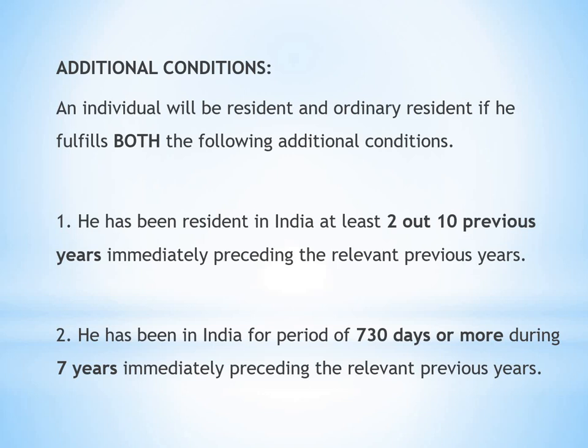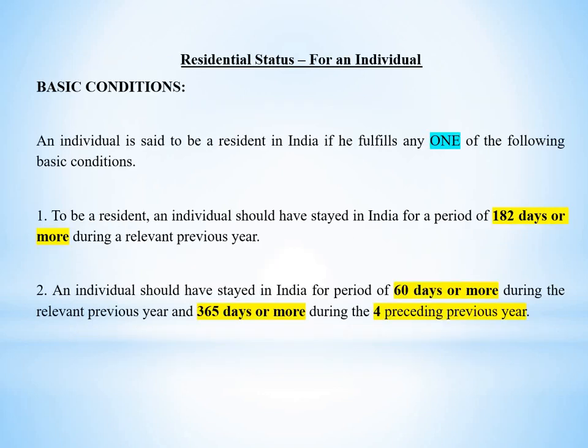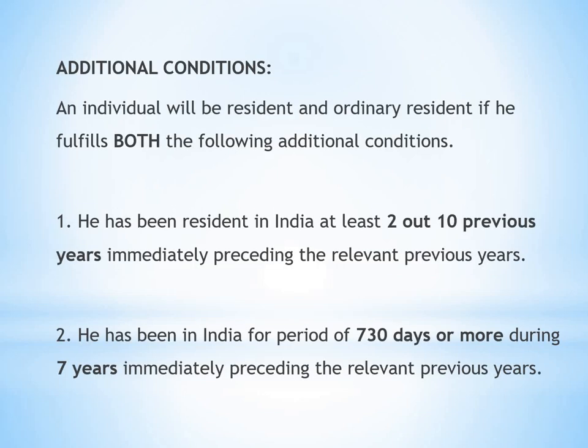I hope you are clear with the conditions given by the Income Tax Department. If the individual does not fulfill any one of the basic conditions, he becomes a non-resident of India and goes out of the box.